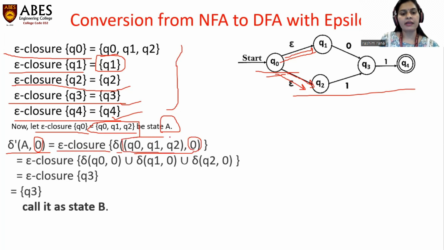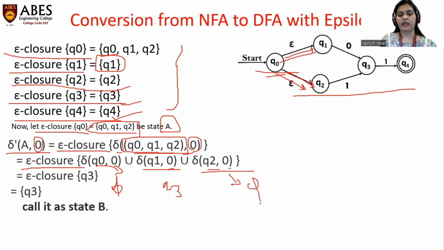So A contains 3 states, Q0, Q1 and Q2. If we simplify that, transition applied on Q0 with input 0, on Q1 with input 0 and on Q2 on input 0. So Q0 gives phi, Q1 gives Q3 and Q2 also gives phi.